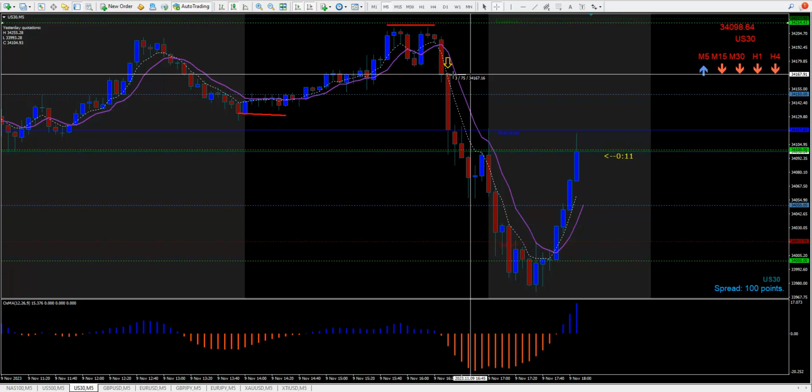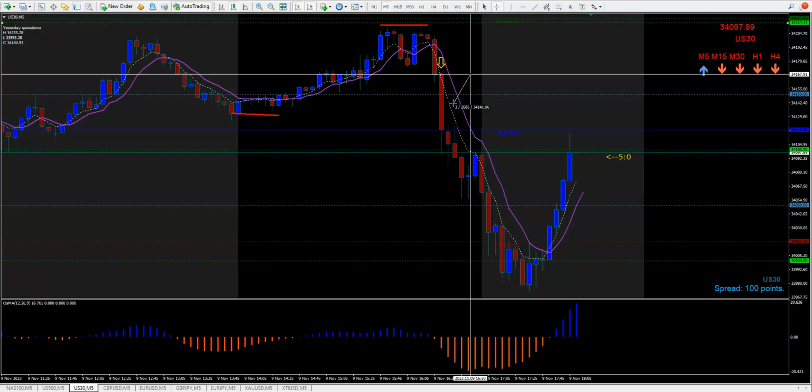Not that I'm telling you where to get out, but I always use a 1-to-1 win-loss ratio. The stop was about 43, so you measure the stop and come down 43 right here, and that's where your target would be if you were trading divergence. 2-to-1 is about 86, down here somewhere, right there.